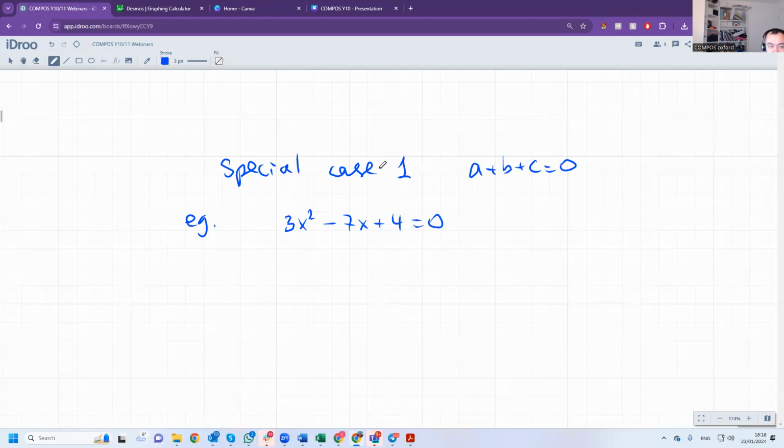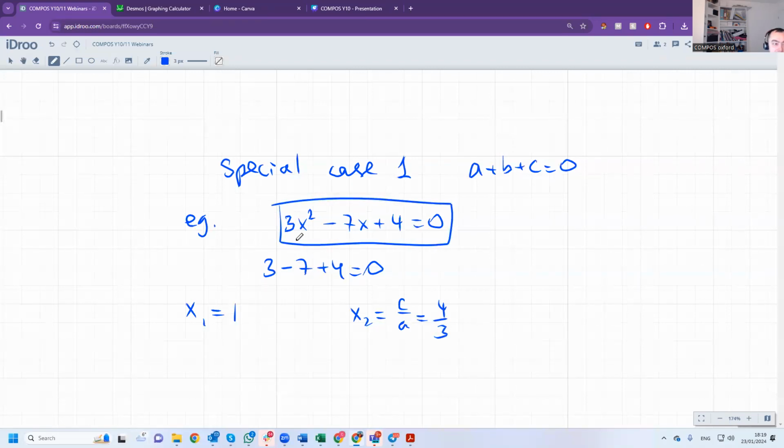So it's a special case number 1 because 3 minus 7 plus 4 is 0. Therefore, the first solution is 1 and the second solution is c over a, which is 4 over 3. So if you see a quadratic equation like this, the solution is 1 and 4/3.